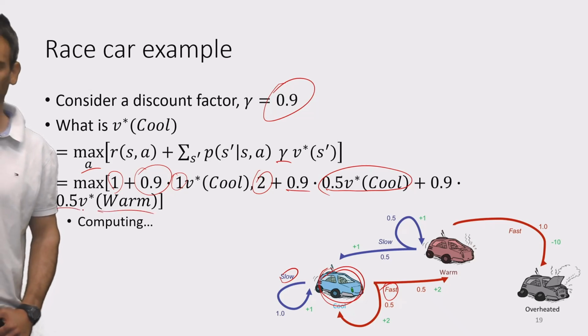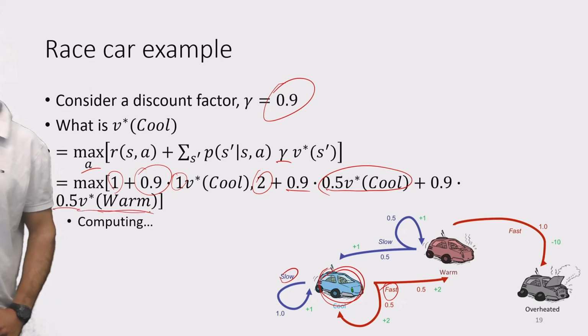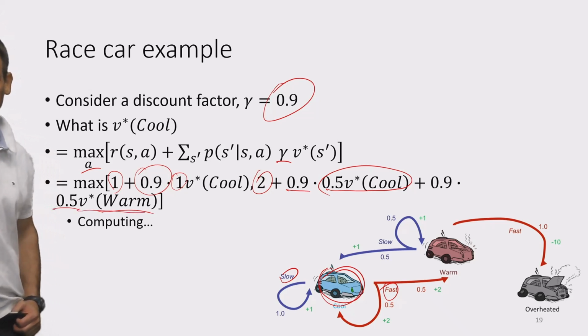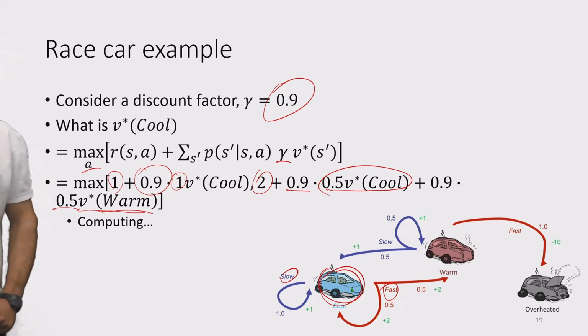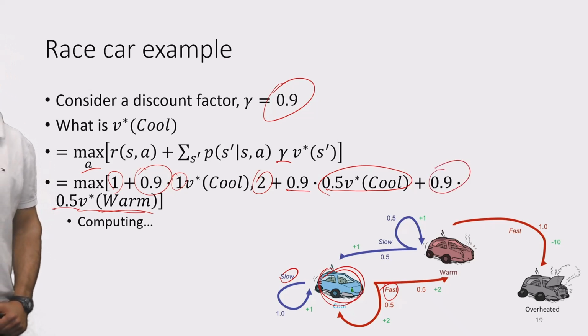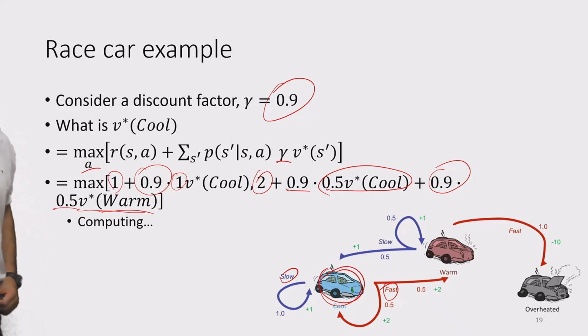Okay, and so we'll also need to take the state value for state warm with probability 0.5, and we'll multiply that again by the discount factor 0.9. Okay, so now we plugged in all of the numbers. We have several variables here, unknowns, right? V star cold and V star warm. And we'll simply compute this value. So what is the value here?